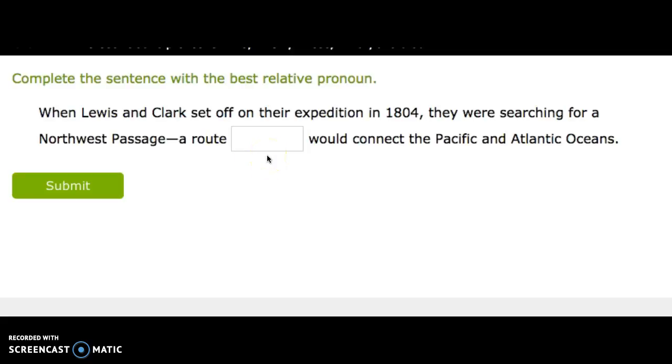And when it's essential or restrictive, we use the word that rather than which. So the answer would be that would connect the Pacific and Atlantic Oceans. It starts with a relative pronoun. It follows the word route. It's this clause, that would connect the Pacific and Atlantic Oceans, that's modifying the word route.